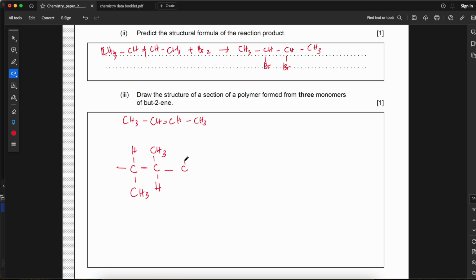Then you can just repeat it 3 times. So that would be CH again, CH3, CH3, and H, this. Okay, so it's repeated 3 times.